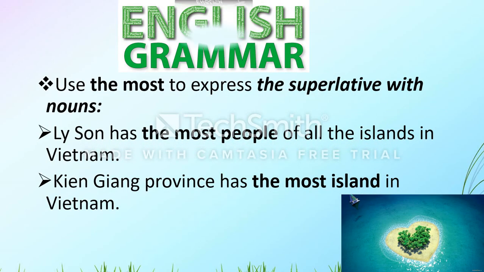Okay, and next, with nouns, you can use the word most to express the superlative with nouns. For example, Java has the most people of all the islands in Indonesia. And another example, Khanh Hoa province has the most islands in Vietnam.